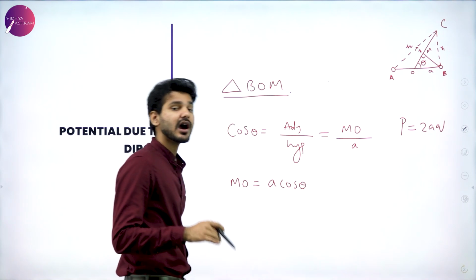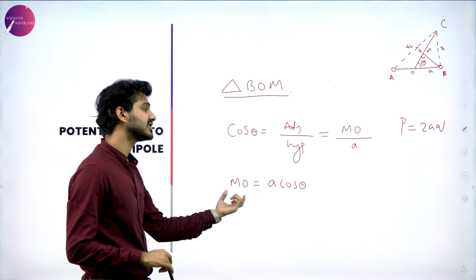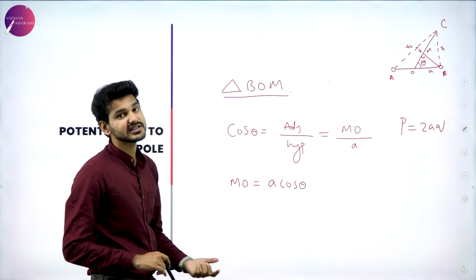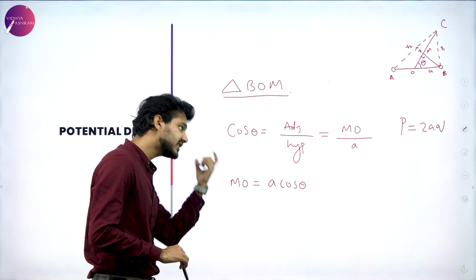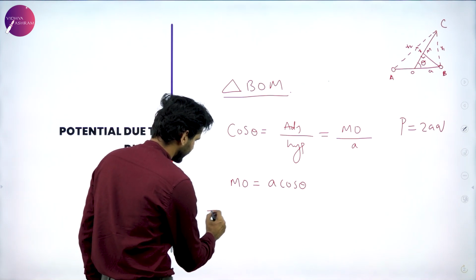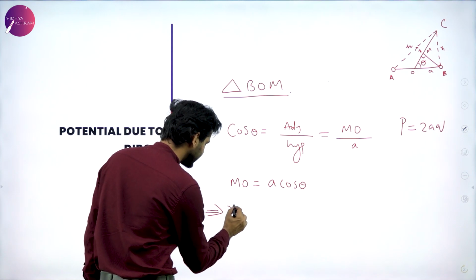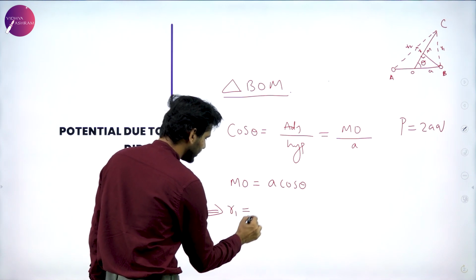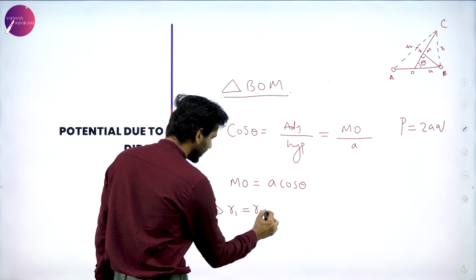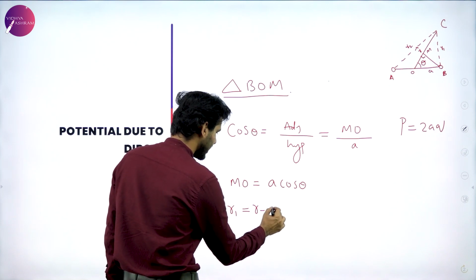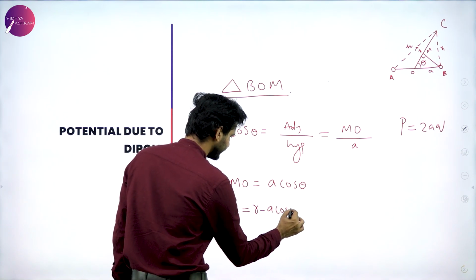So we can write R1 equals R minus A cos theta.